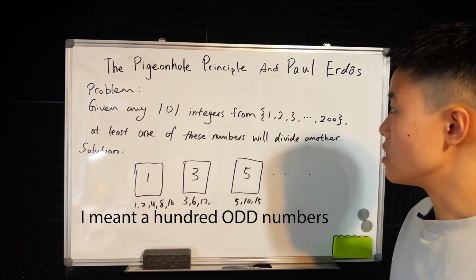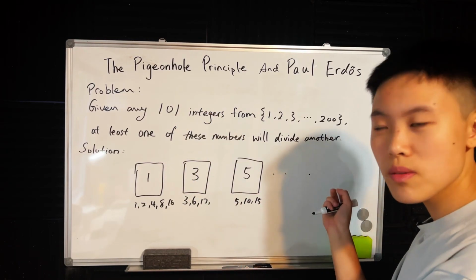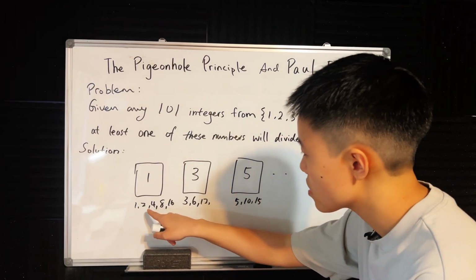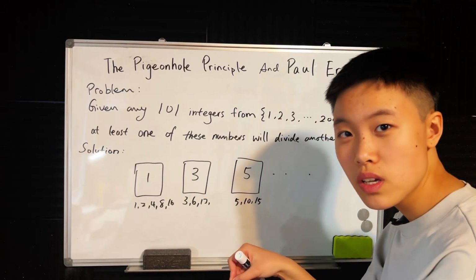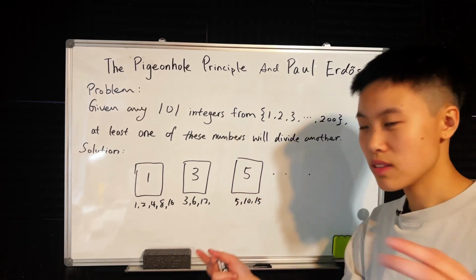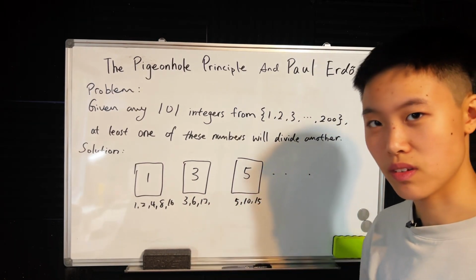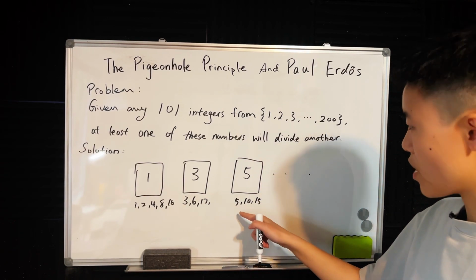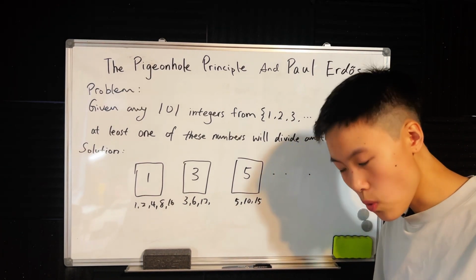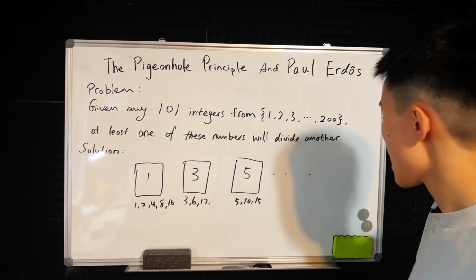If there are 101 integers and you have to put each number in one of these boxes, then when 2 numbers are in one box, they're guaranteed to have a pair where one divides the other. For example, 3 divides 12, 3 divides 6, 5 divides 10, 5 divides 15, and so on. So that is what we're trying to establish.